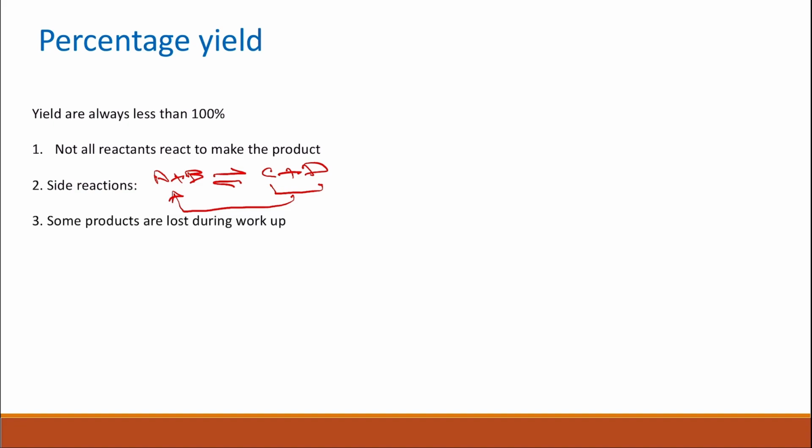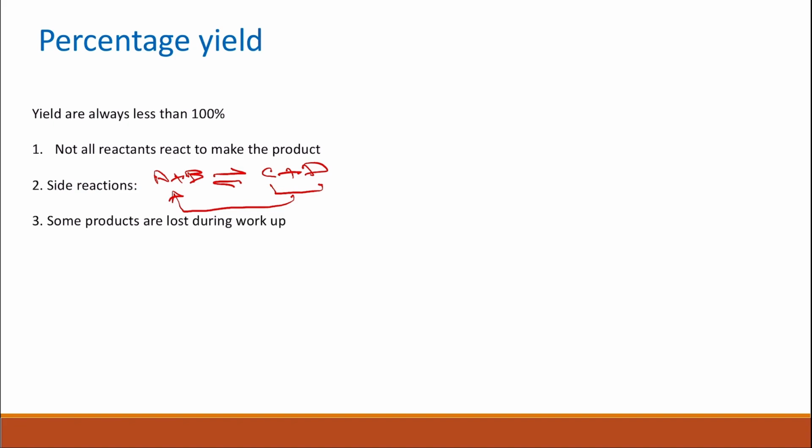The third reason is that some of the product might be lost during workup. Workup is when you try to separate the product from the reaction mixture. Most reactions take place in solution, so you need your product in a pure form in order to calculate its mass and calculate the yield.